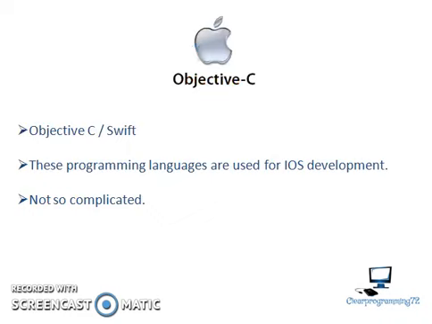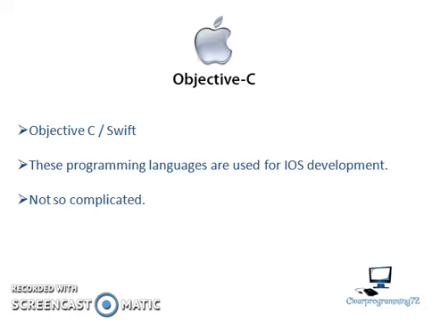Now let us discuss Objective-C. Objective-C is exclusively used for iOS mobile apps. If you want to be an iOS developer, then you need to learn Objective-C as your programming language. Nowadays, Swift has been rising in place of Objective-C, but Objective-C is still recommended for people who want to be iOS developers for Apple.